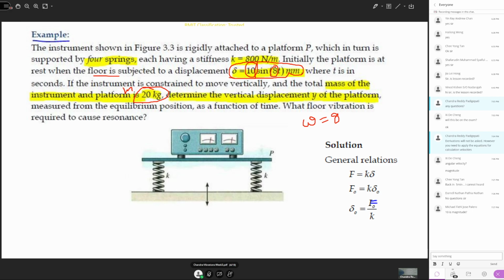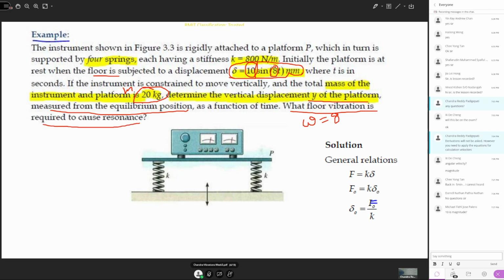Now in this case, determine the vertical displacement y of the platform measured from the equilibrium position. That means y represents the response of the system. So we need to find out the response of the system under these conditions. Then what floor vibration is required to cause resonance?